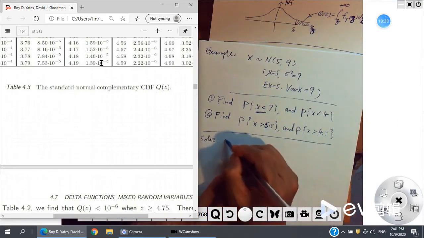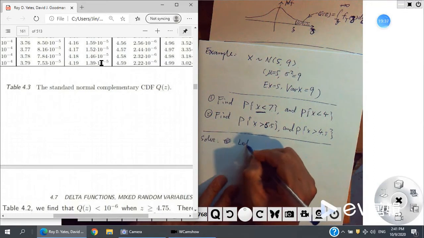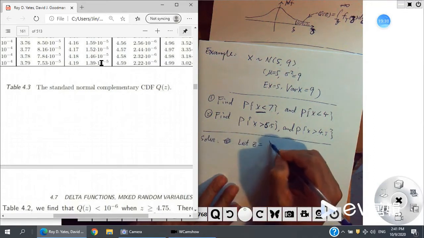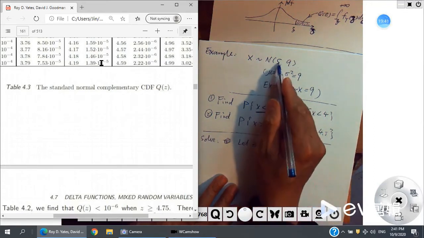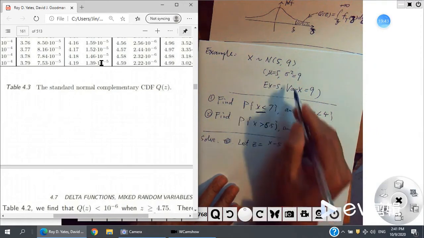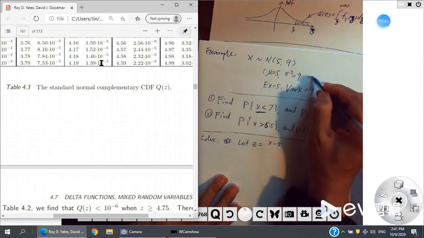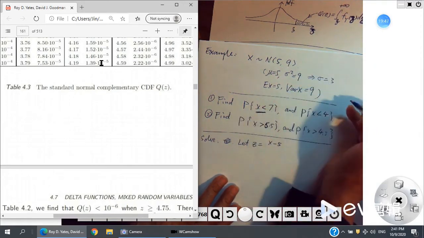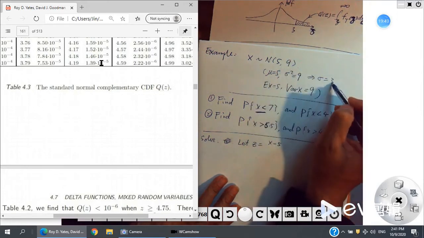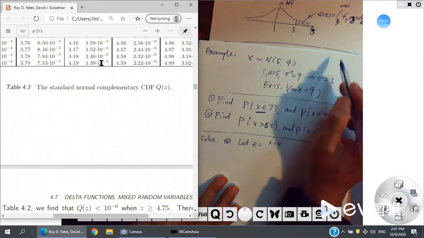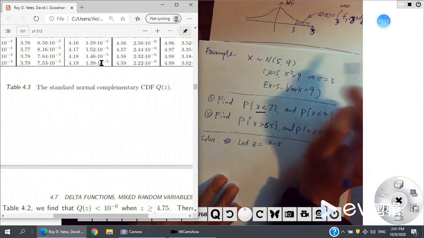For the first one, actually for both, just let Z equal to X minus mu over sigma. Here I have mu is 5, and the sigma should be 3. Sigma squared is 9, so sigma is 3. If you use the notation in the textbook, here should put 3.